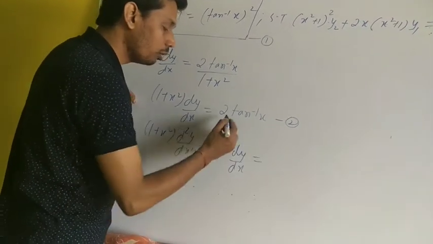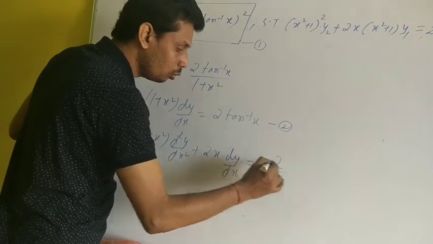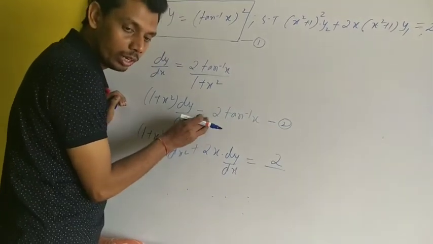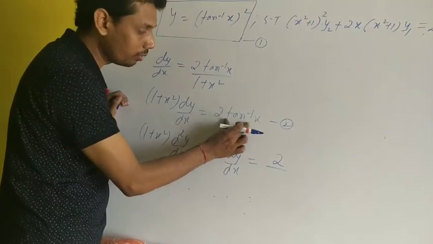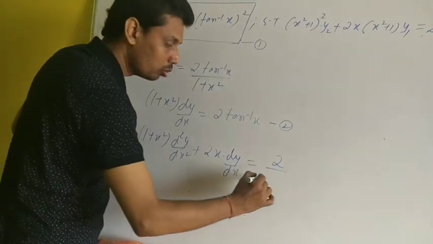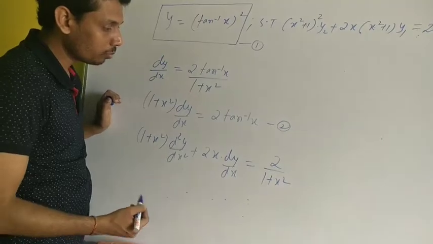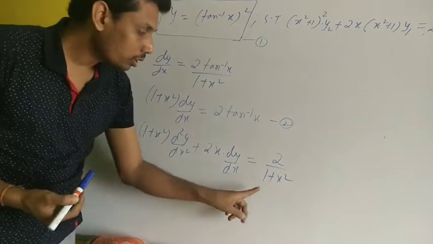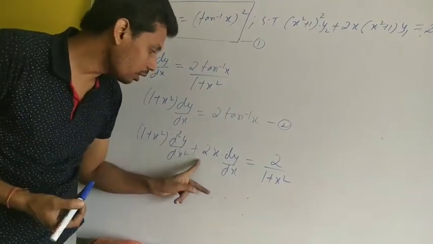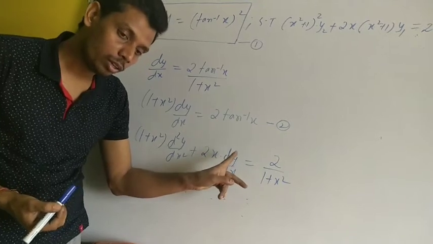This is equal to, in RHS again 2 being constant, we will take it out from the operator and we will differentiate this tan inverse x whose differentiation is 1 by 1 plus x square. Now here you just multiply each of the terms by 1 plus x square, you will get the result.